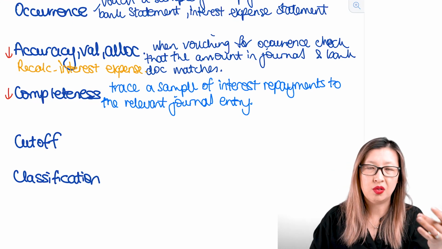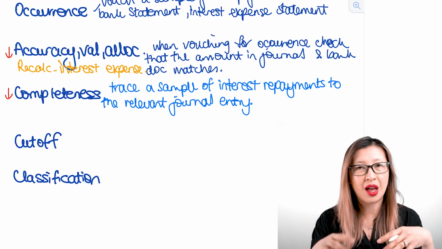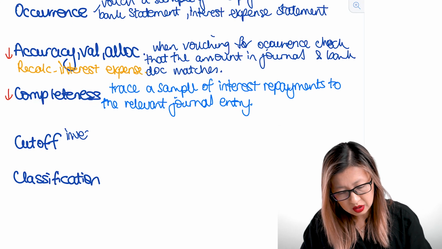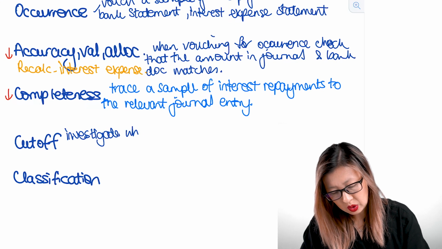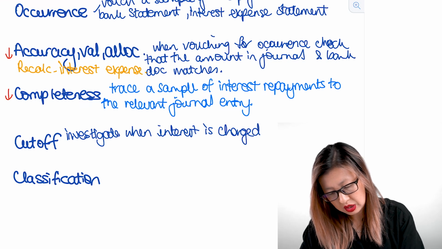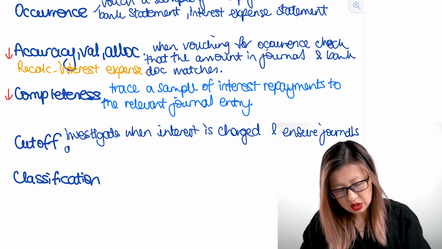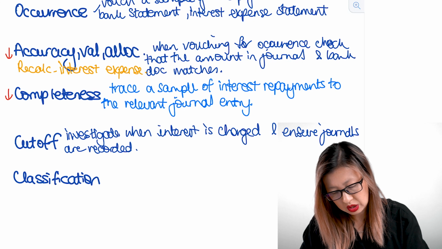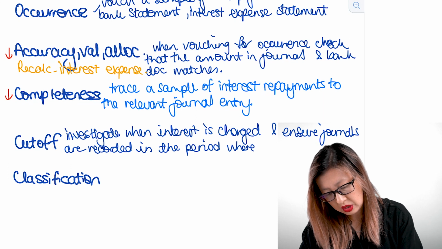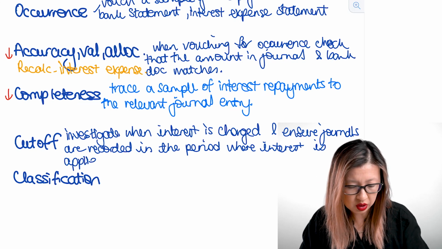So where you may have interest, let's say the payment for the loan happens in the middle of the month, when is interest calculated, etc. So you're going to need to investigate when interest is charged and ensure journals are recorded in the period where interest is applied or levied or charged.